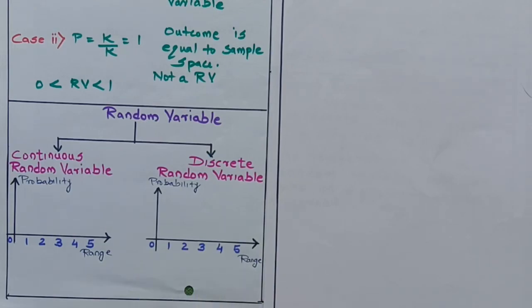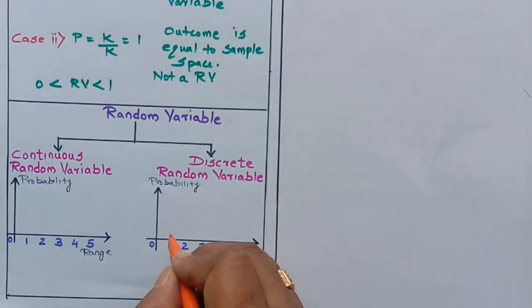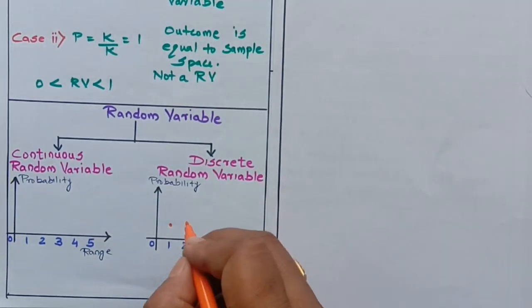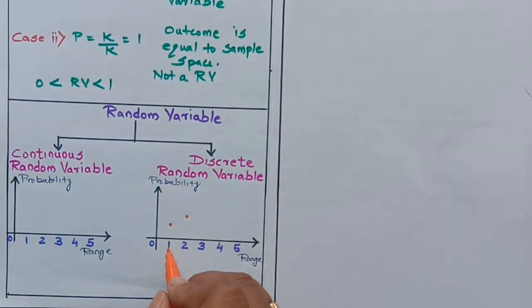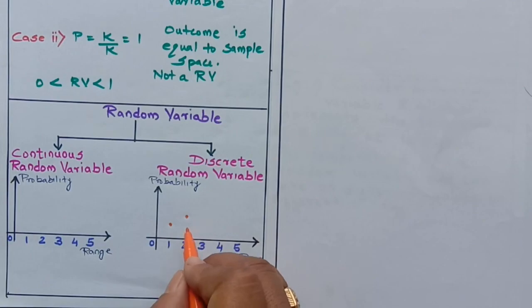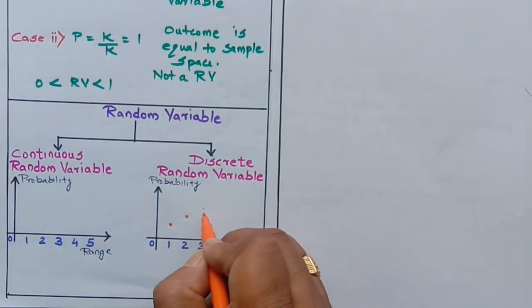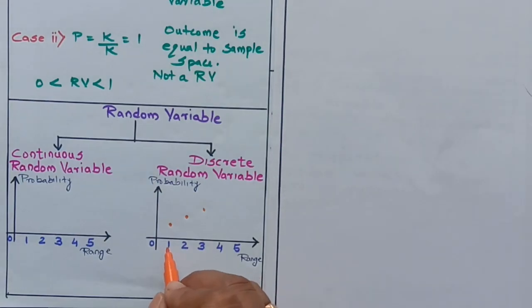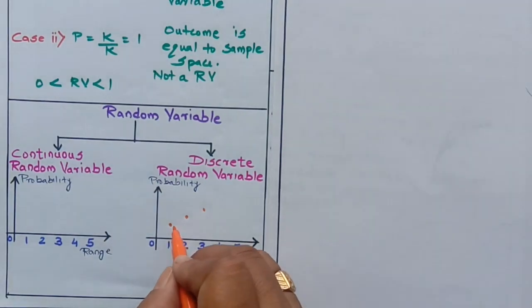Since it is discrete, the outcome is present at a particular instant. Suppose at instant 1 the output is there, at instant 2 the output is there, at instant 3 it is there. So in between 1 and 2 the outcome is not there. It is discrete, not continuous.